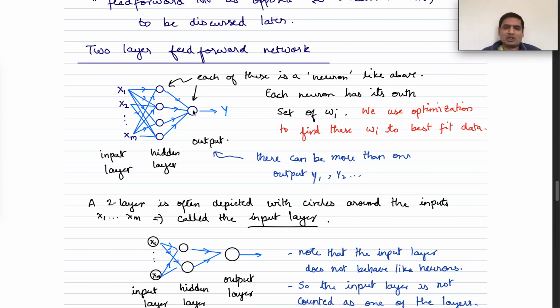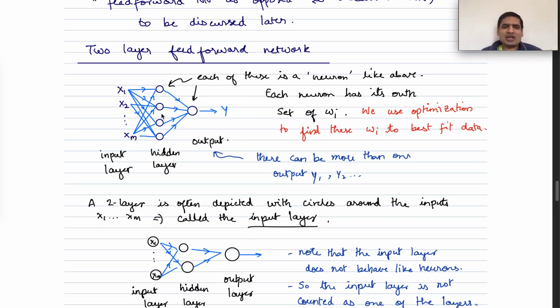In this case, I've just drawn one. Then you have what's called the hidden layer, which is in between the output layer and the input layer. And then we have the input layer. Superficially, it looks like three layers, but the input layer does not really consist of neurons. It's just inputs. So these two are the neuronal layers. This is called a two-layer feed-forward network.